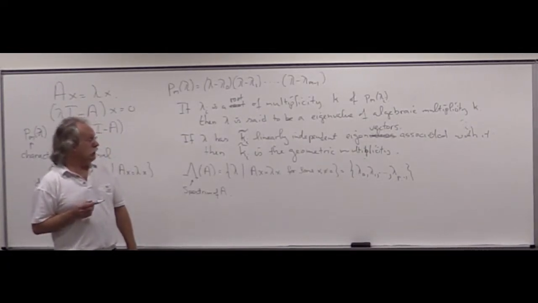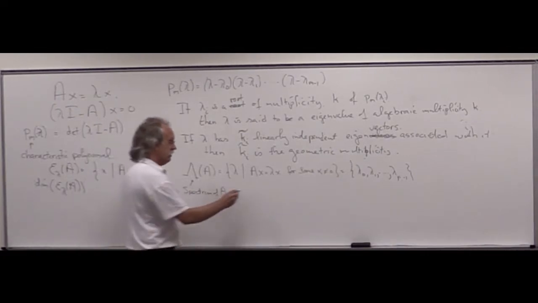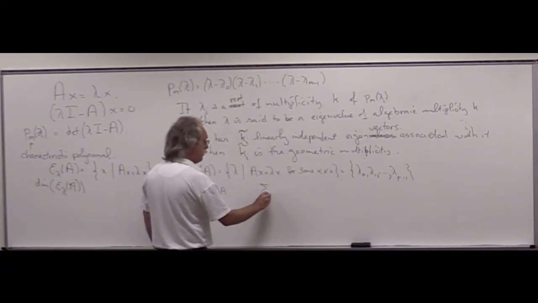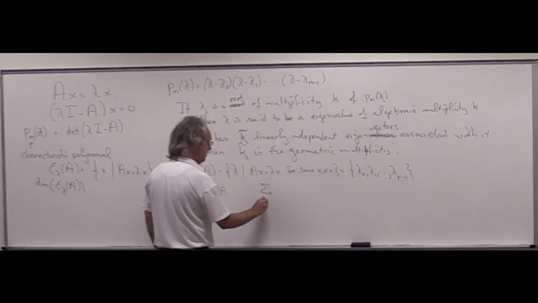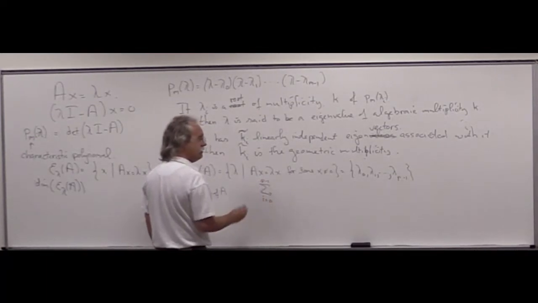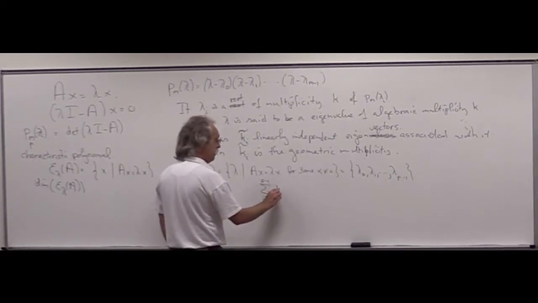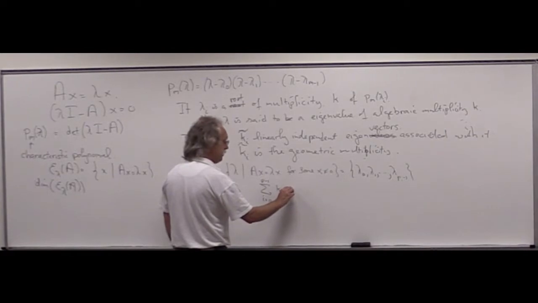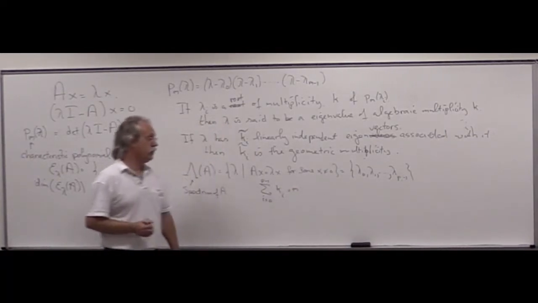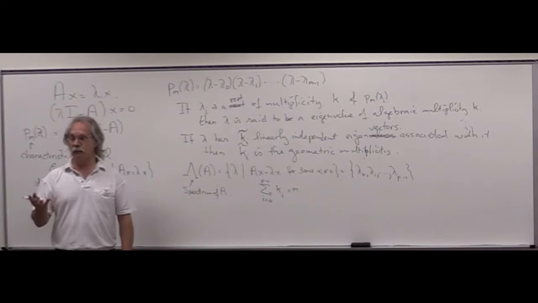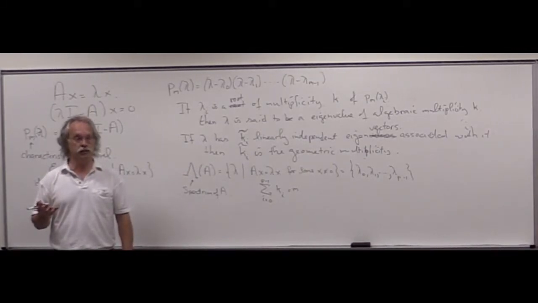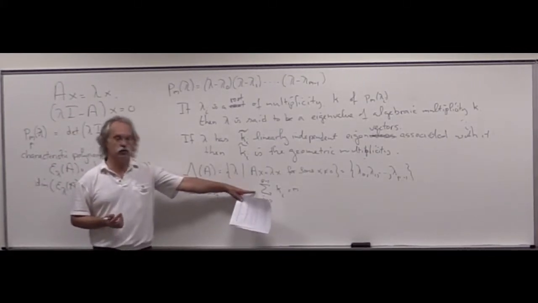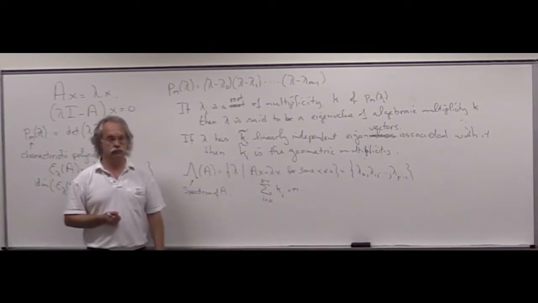What do we know? We know that the sum over all such indices of the multiplicity of that eigenvalue has to be m. Why? Because m is the total number of roots counting multiplicity, and this counts all of the multiplicity of the roots. Okay, so we know that.